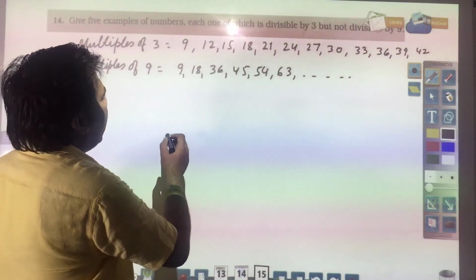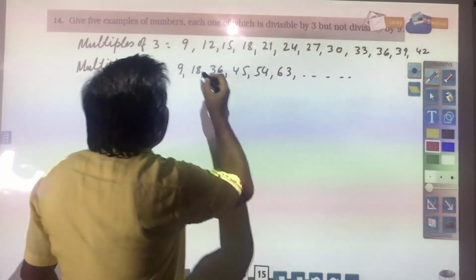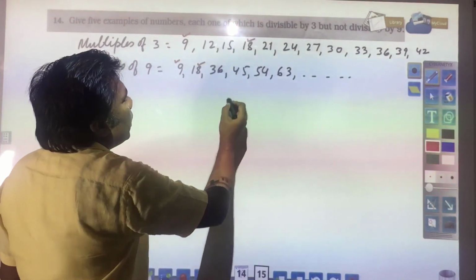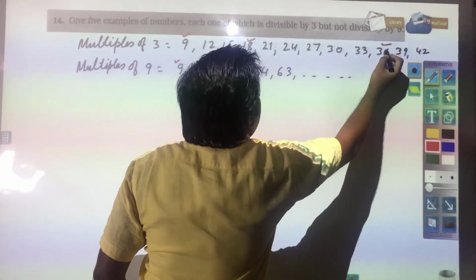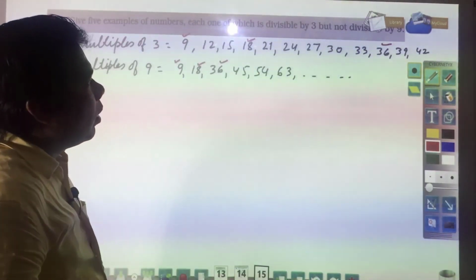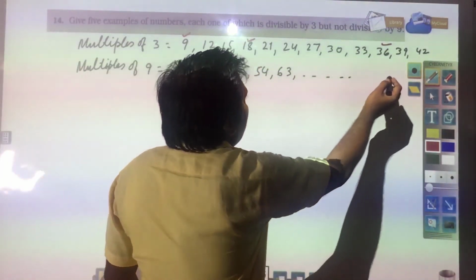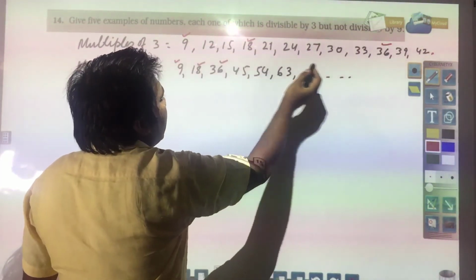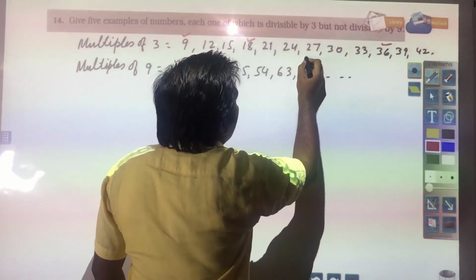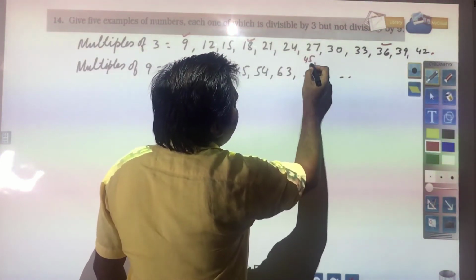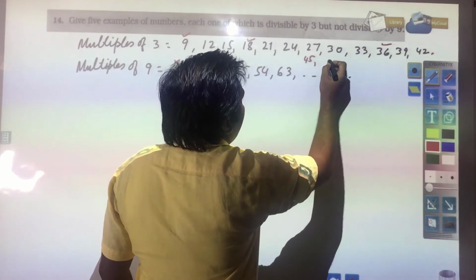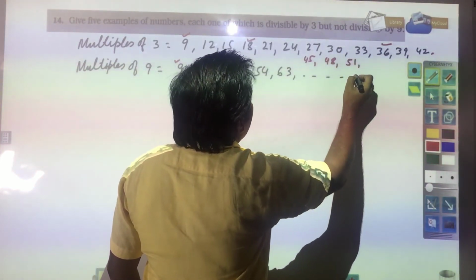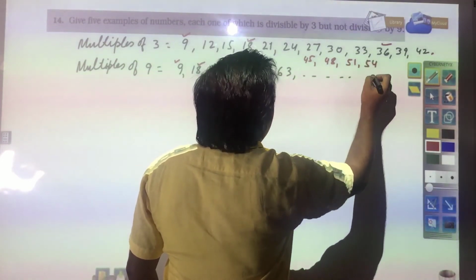So common you have, here you see 9 is common, then 18 is common, then 36 is common, 3 numbers you have got. Then next number you write down, a multiple of 3, after 42 that will be 45, then 48, then 51, and then 54.